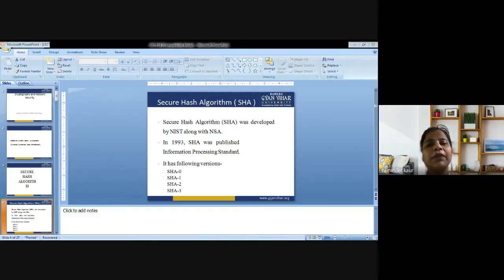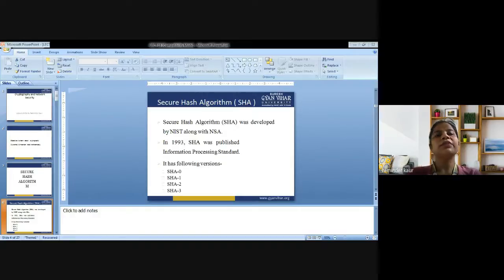Cryptographic hash functions are the basic tools of modern cryptography. The ideal cryptographic hash function has main properties. It is deterministic, meaning that the same message always results in the same hash, and it is quick to compute the hash value for any given message.